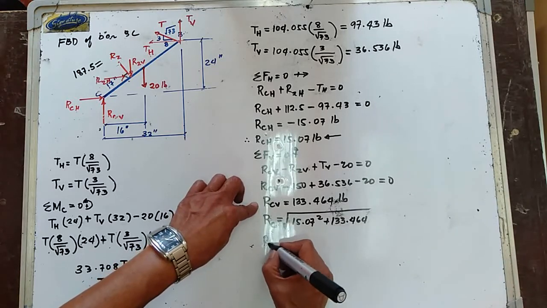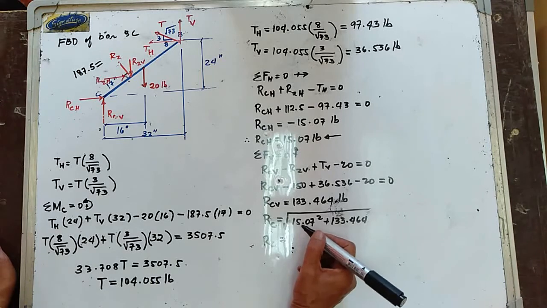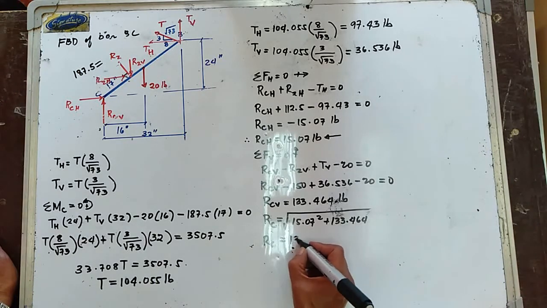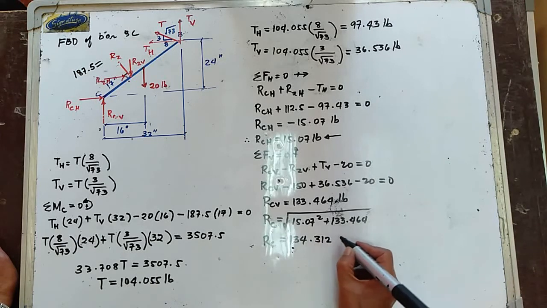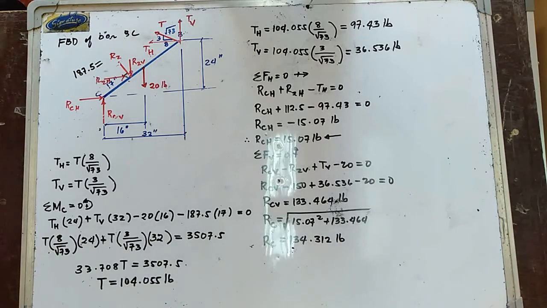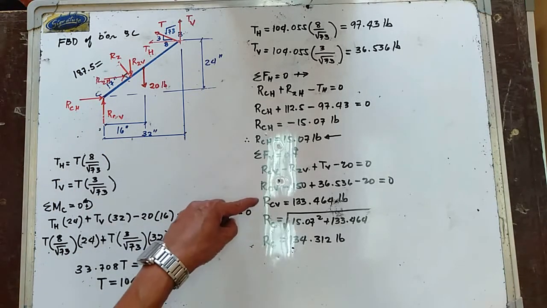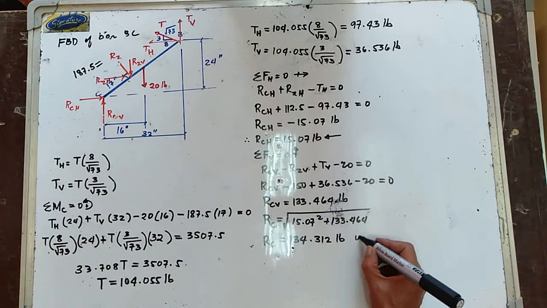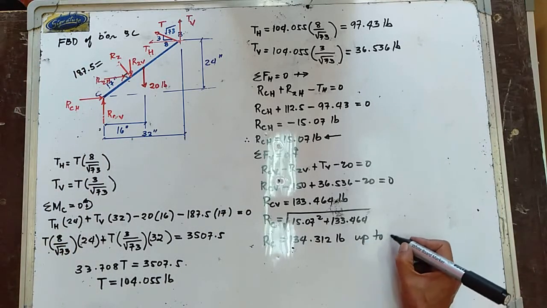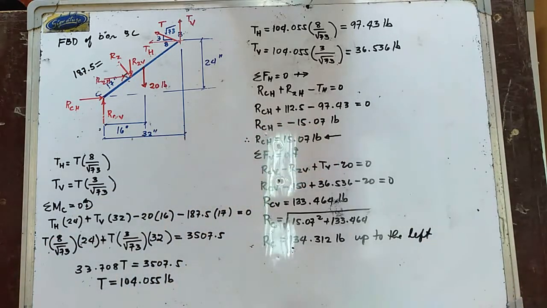So your RC is now equal to 134.312 pounds. We get a positive value, therefore the assumed direction is correct. So that is up to the left.